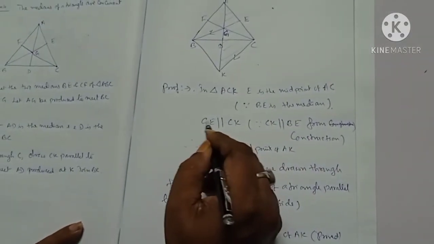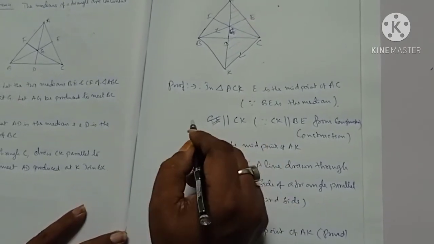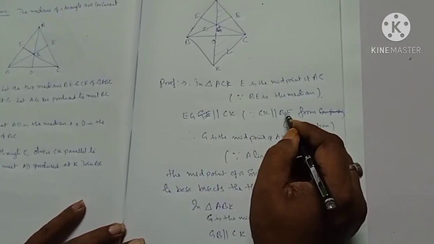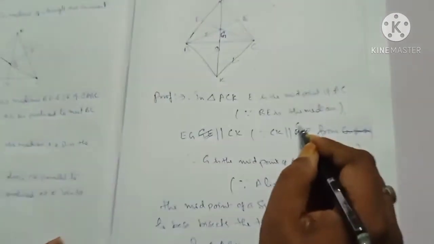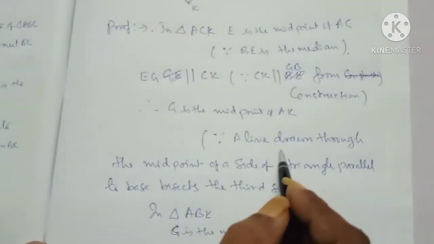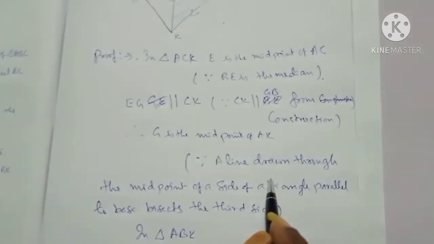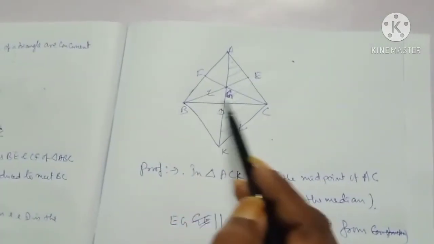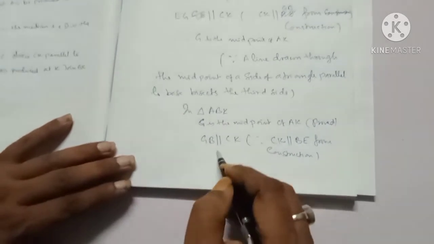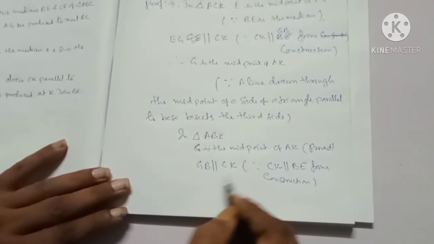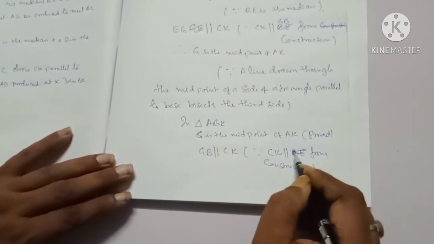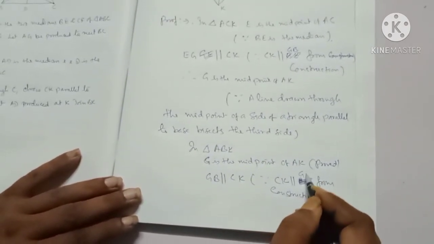Since CK is parallel to GB. So again here, it will be better if we write GB is parallel to CK, since CK is parallel to GB.